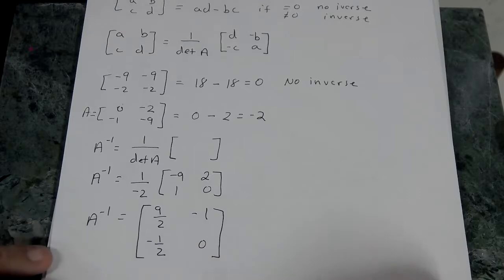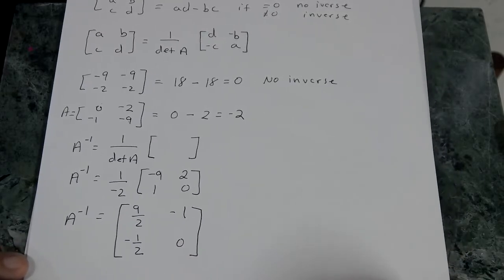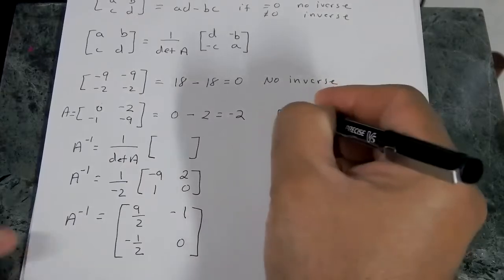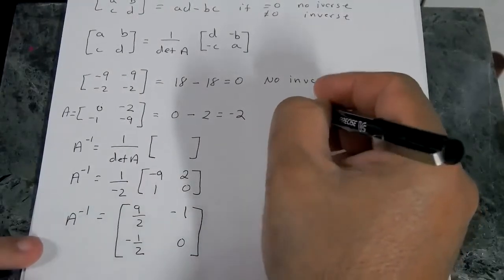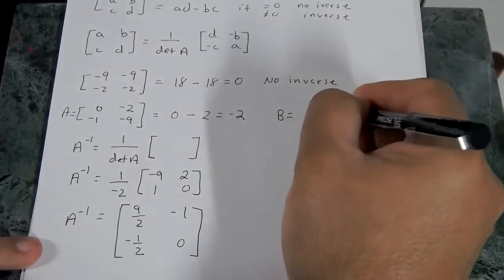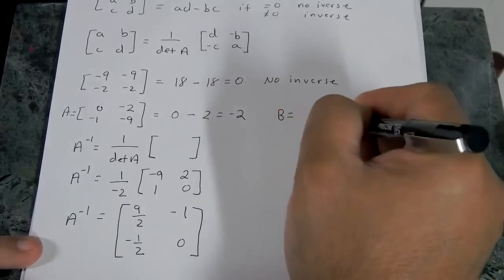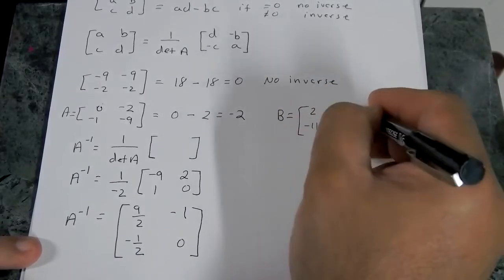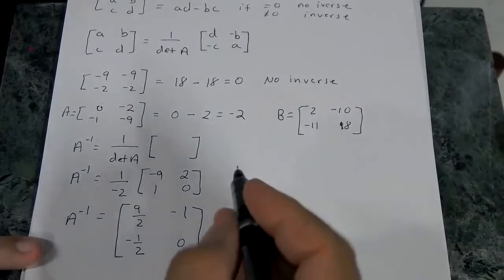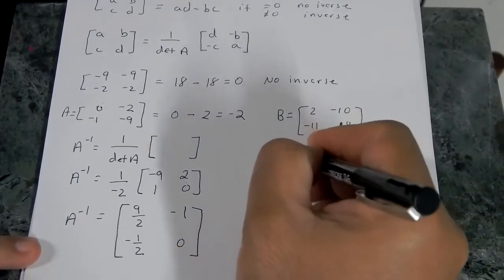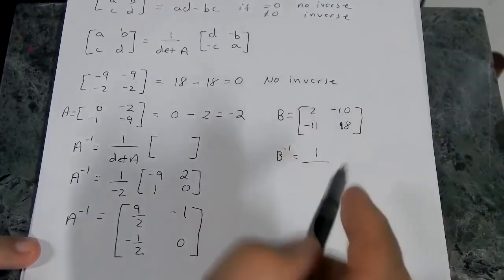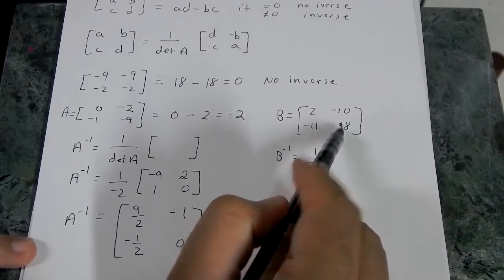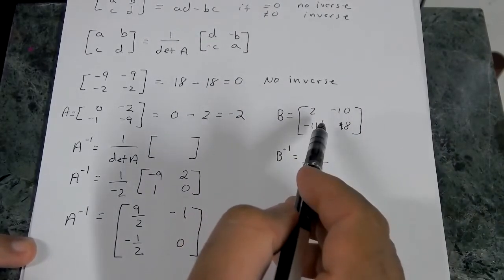This time, let's make it a little bit faster. Right here, let me call it B now. Let's do 2, negative 10, negative 11, and 8. Sorry, just 8, not 18. So B inverse is 1 over, as you see, this is 16 minus this 110.